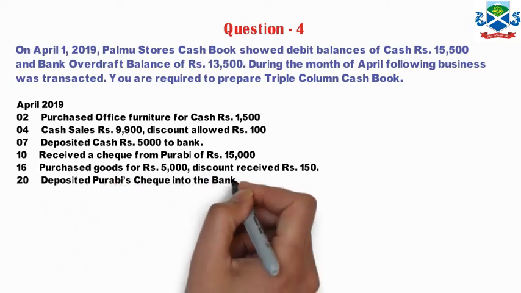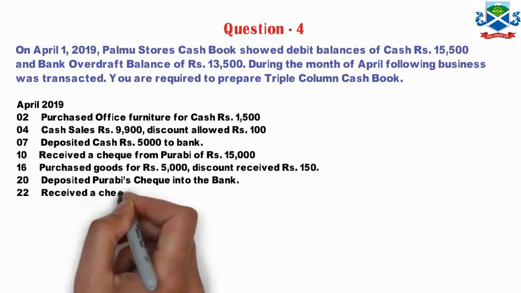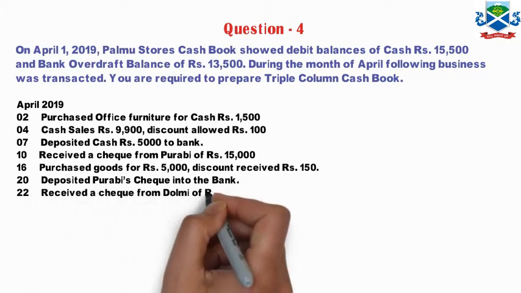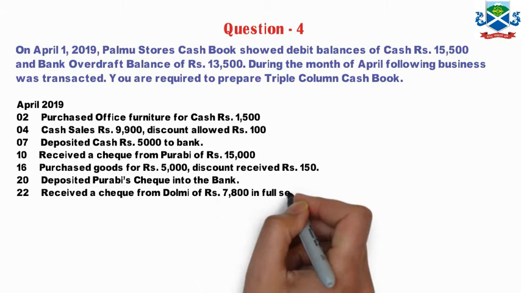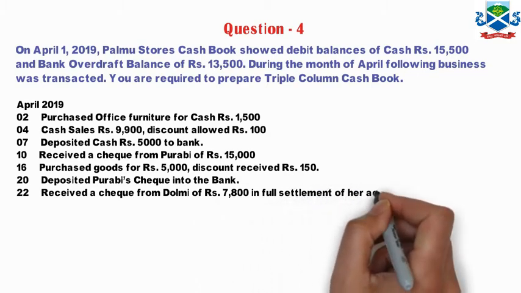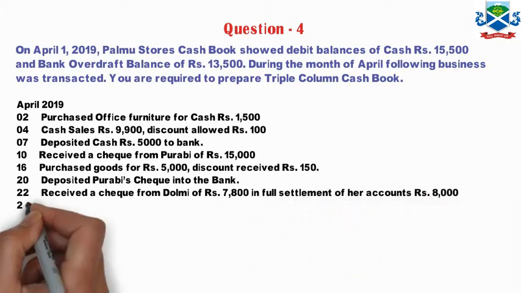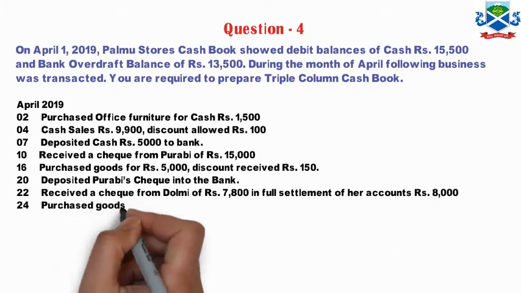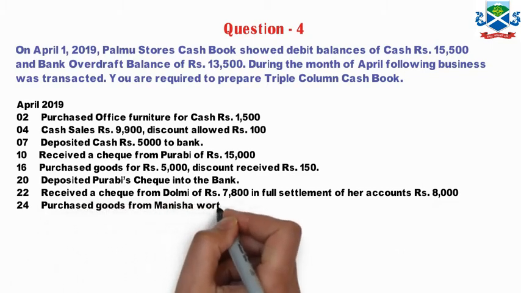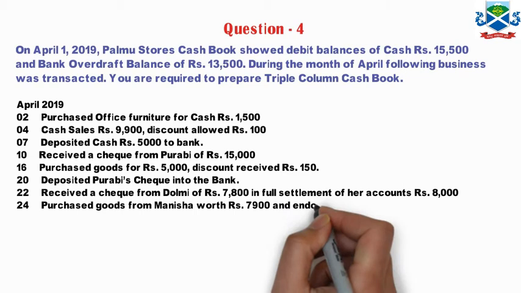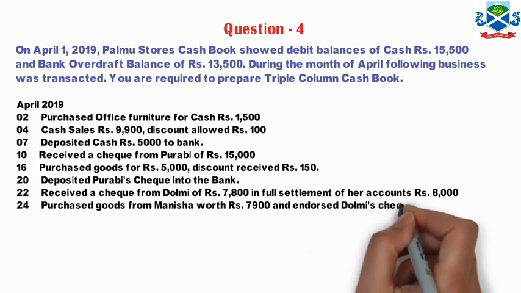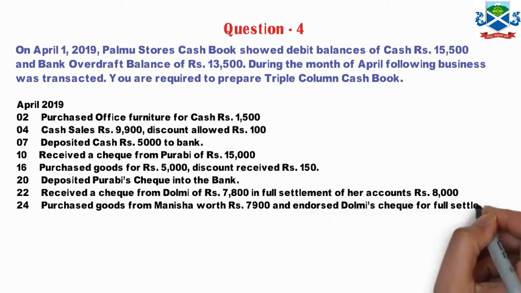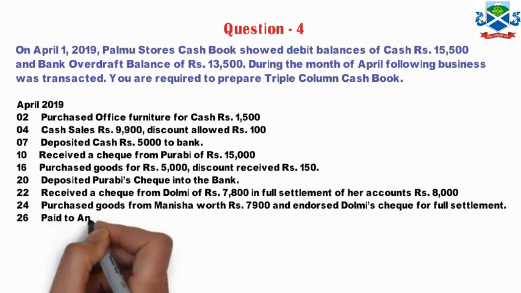On 20, deposited Purabi's check into the bank. On 22nd, received a check from Dolmi of rupees 7,800 in full settlement of his account of 8,000. On 24th, purchased goods from Manisha worth rupees 7,900 and endorsed Dolmi's check in full settlement.